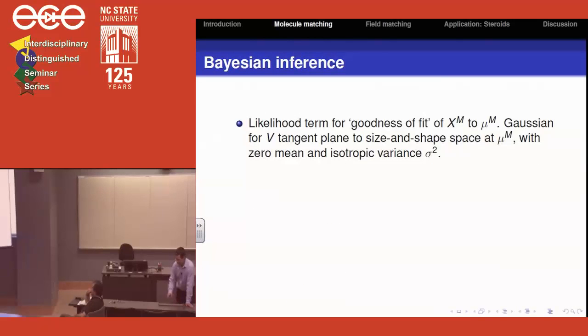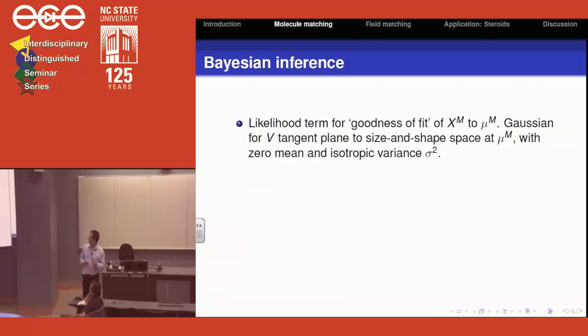But for us, we don't actually know what the lambda is. That's the problem. So we need to be able to infer that as well somehow. So our model is a Bayesian, or built around a Bayesian approach. We will have a term for how well the points match together, which is a likelihood term for the goodness of fit of the matching points in one configuration to another.